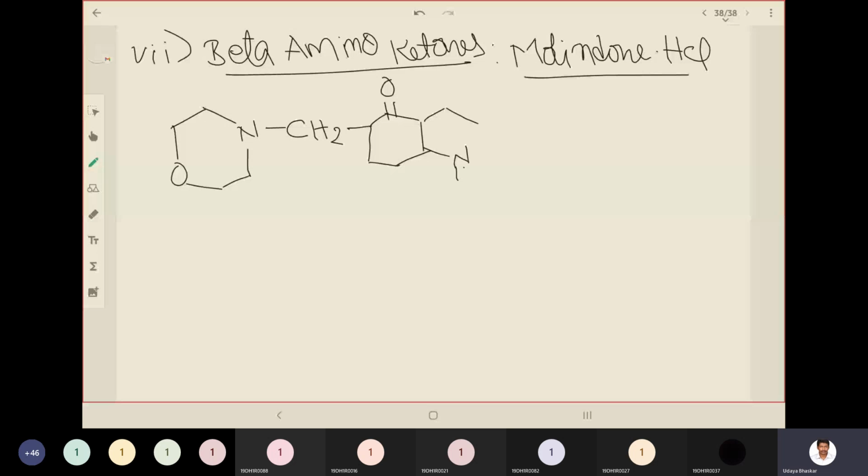So this is the structure of molindone, and this is a salt of HCl. So what do you observe?